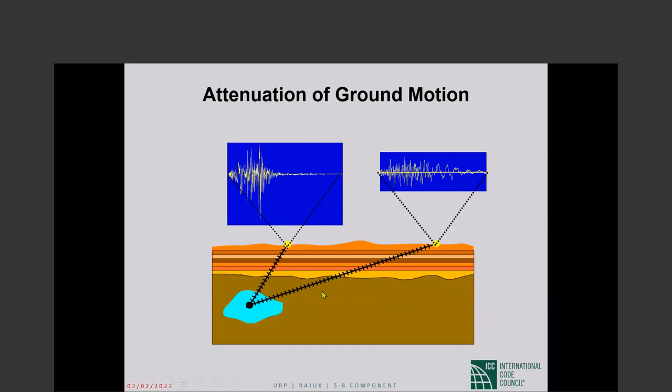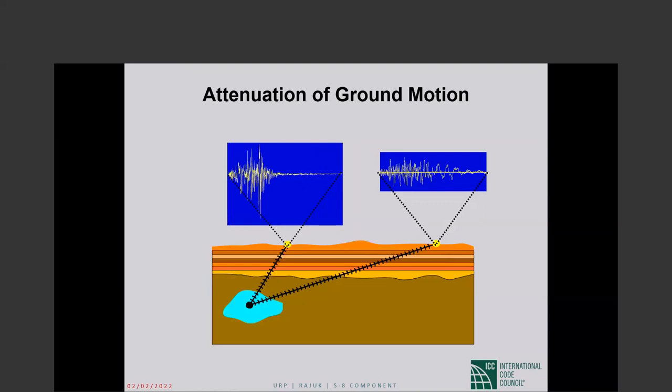If you look at the same earthquake, at the ground motion generated at this hard point on the surface, you will see a very different ground motion. Now, the duration has increased for one thing. The amplitudes are moderated. The high frequency components have died away.